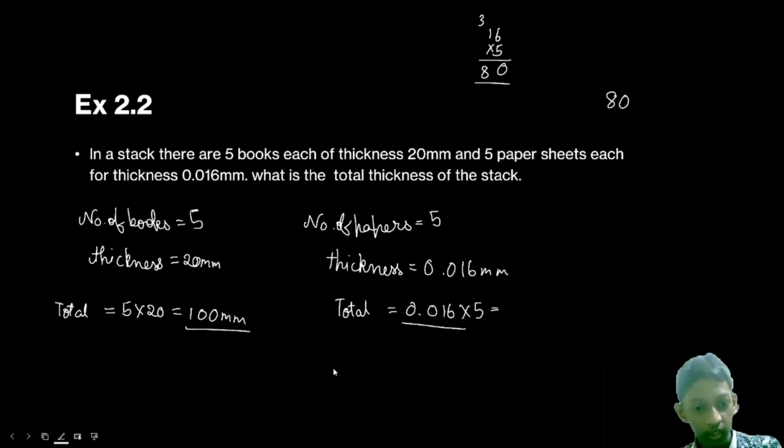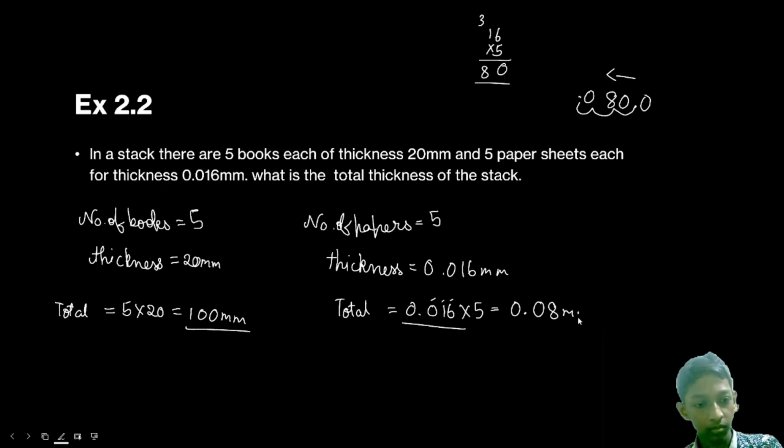Since we have a decimal point, let's assume a decimal point at the end of the number. There are 3 places, so let's move the decimal point towards the left side by 1, 2, and 3 places.